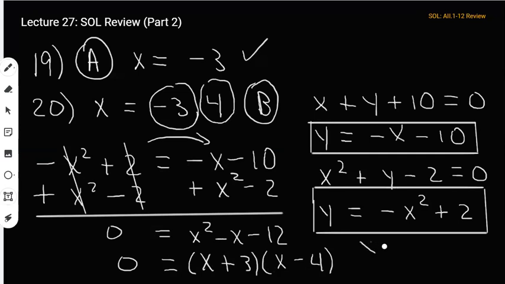I would have to set both of them equal to 0 and solve each to get negative 3 and positive 4. Then you can back substitute to get your y values.